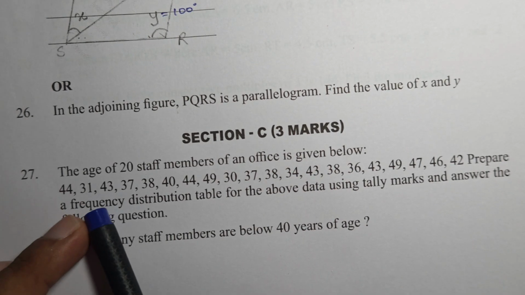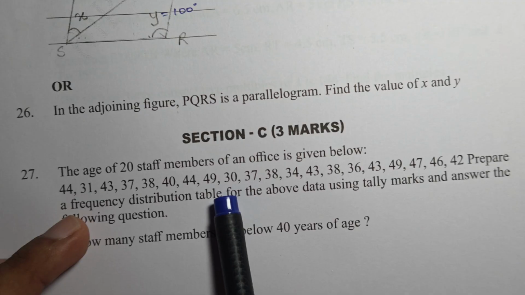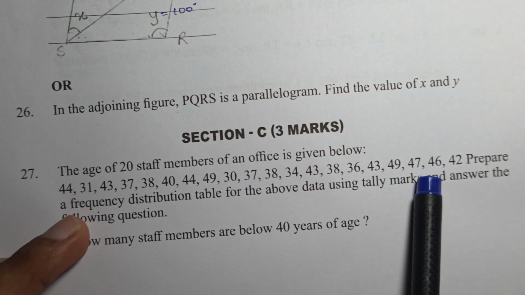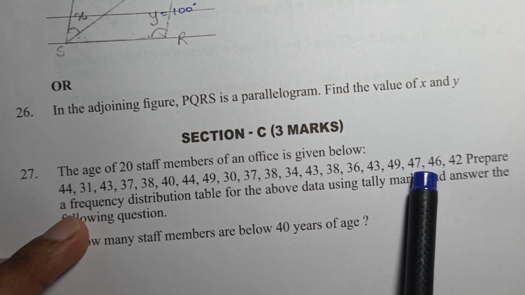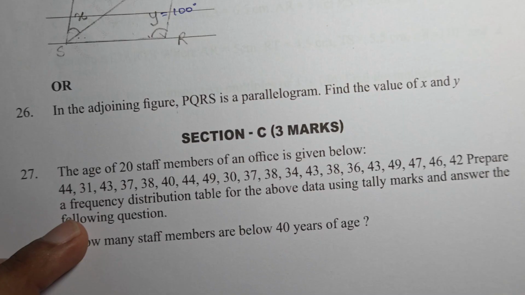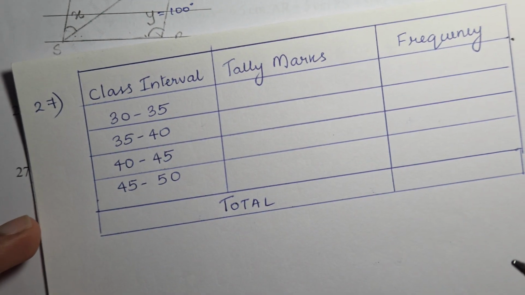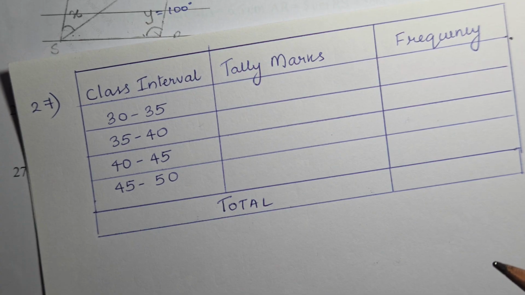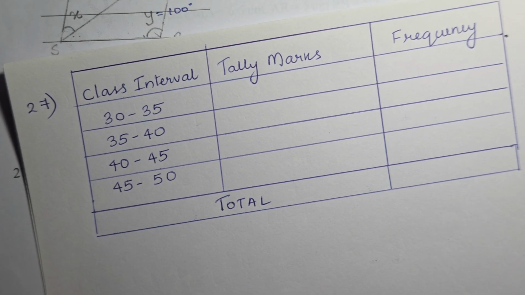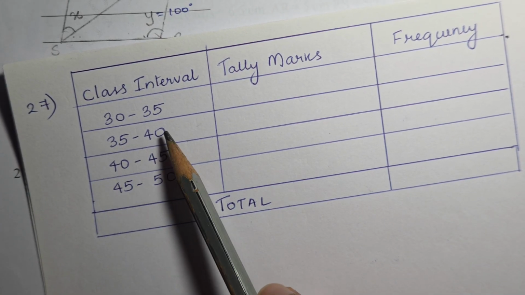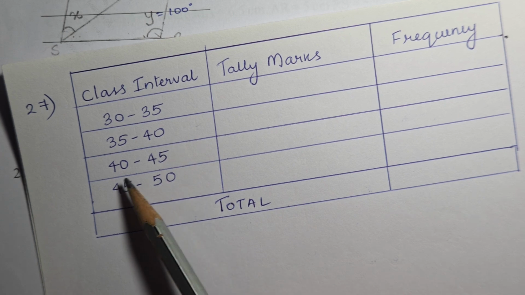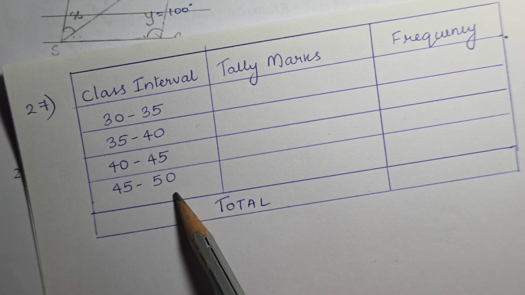As I said, the age group is above 30 and below 50. To do this, we put them into class intervals: 30 to 35, 35 to 40, 40 to 45, 45 to 50.